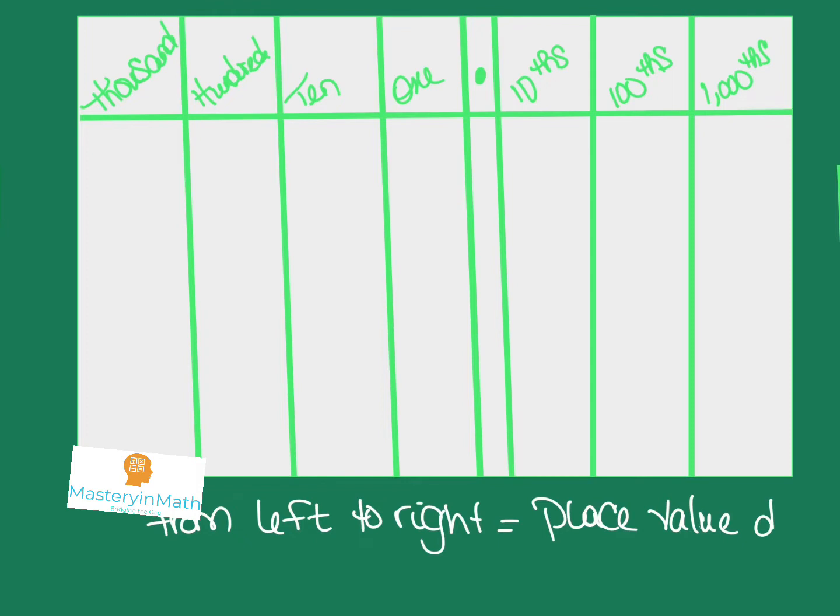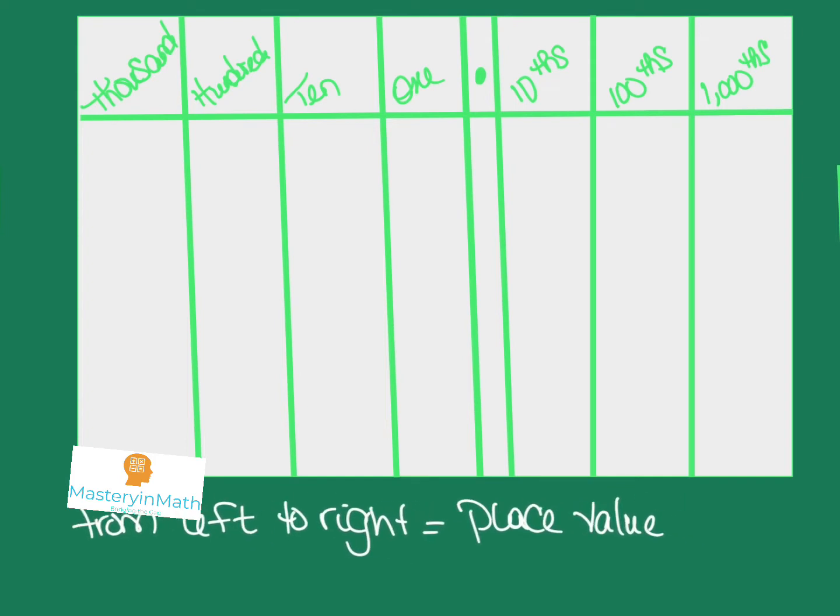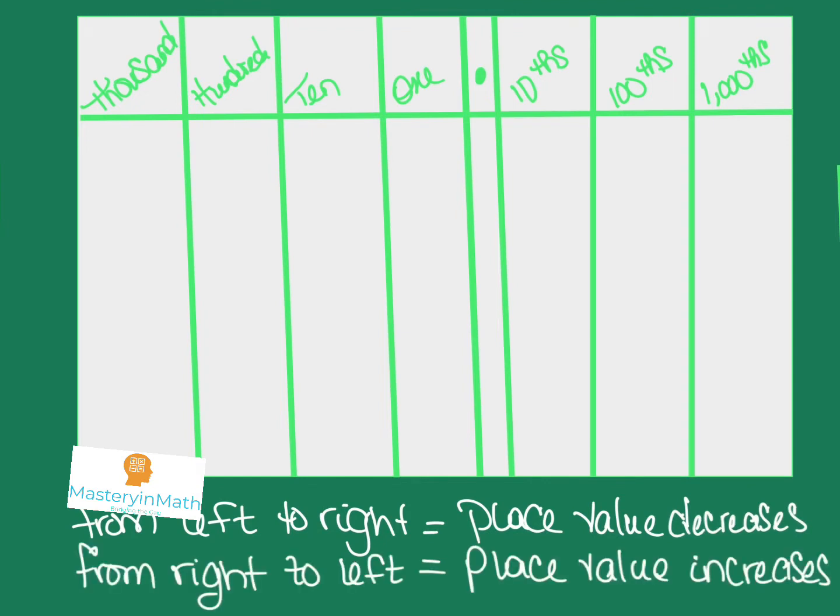And if you keep on dividing, you will see. So when you go from left to right, your place values are decreasing. And then when you go from right to left, your place values are going to increase.